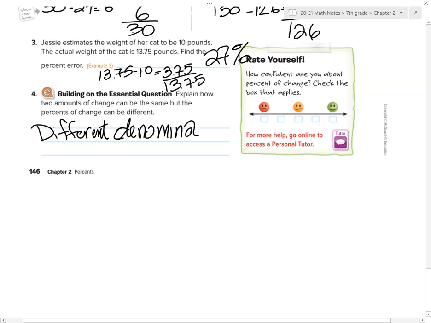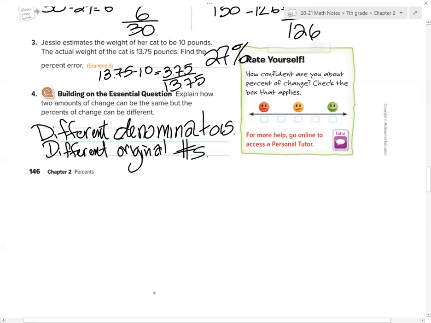Yeah, it should be 13.75. So we have different denominators and different original numbers.